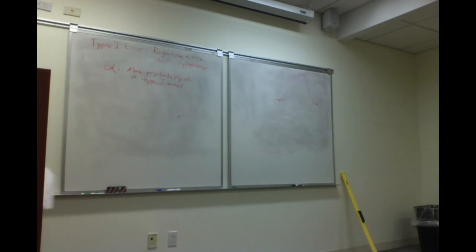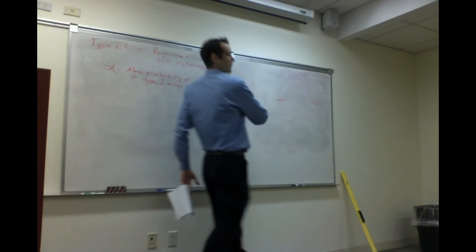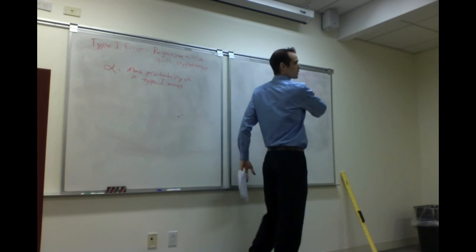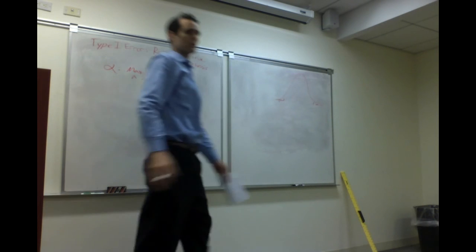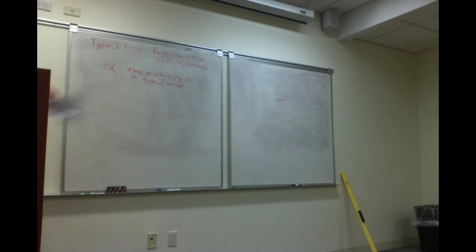So, if our significance level is 5%, what is the max probability of making a type 1 error? 5%. Because if it's a one-tail test or two-tail test, there's a 5% chance that we'll get something that extreme. And remember, we'll adjust the critical values based on a two-tail or one-tail test. So if we choose a significance level of 5%, that is the possibility we face of rejecting a true null and making a type 1 error.